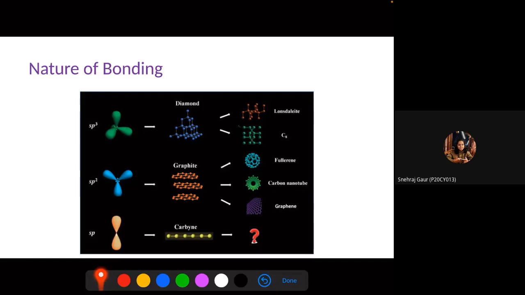But then in 2004, the two-dimensional form was kind of accidentally found in the lab, where it was peeled off from just a piece of graphite, and then you could actually get graphene.